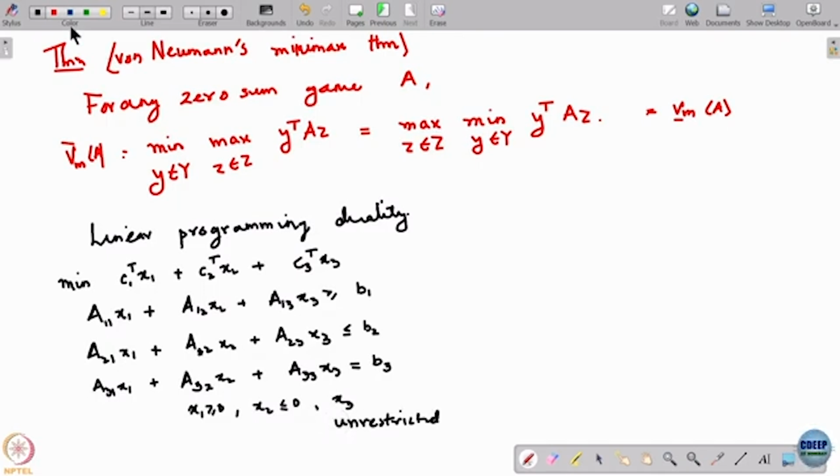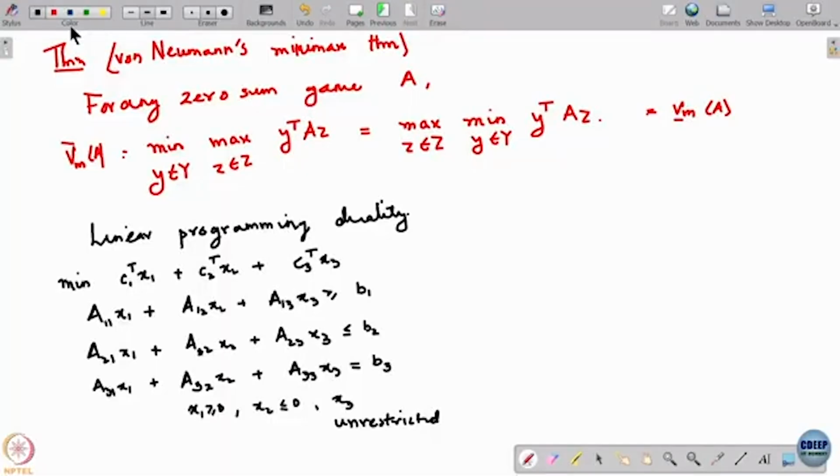Now this is a linear optimization over the three variables x1, x2 and x3, and these are the constraints that the variables are required to satisfy. They are all linear constraints. The first constraint asks for a linear combination of the x's to be greater than or equal to a constant b1. The second asks it to be less than or equal to another constant b2. The third asks for another linear combination to be exactly equal to b3.